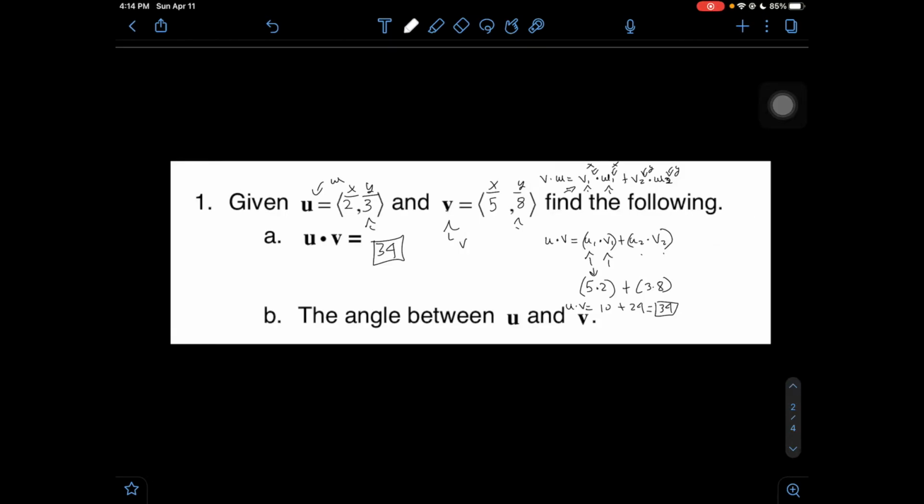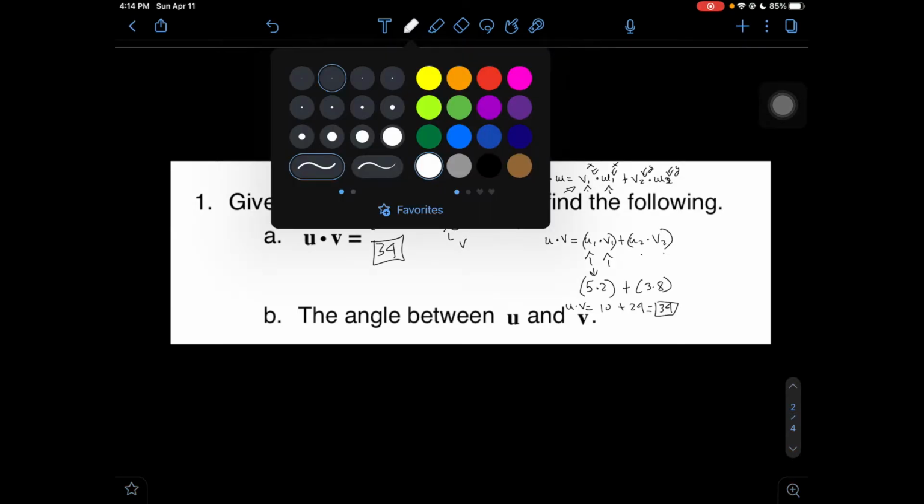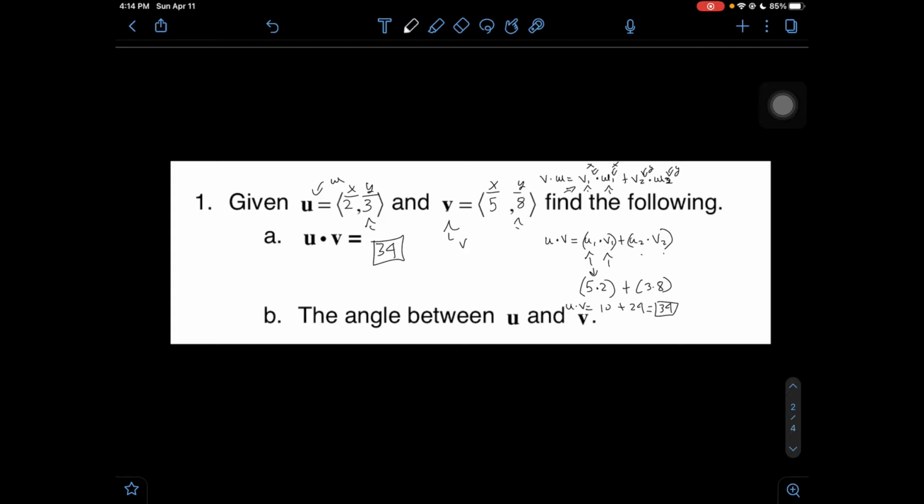In order to solve for question B, we are going to use that last equation. If you remember, that last equation said v times w equals magnitude of v times the magnitude of w times cosine of theta.